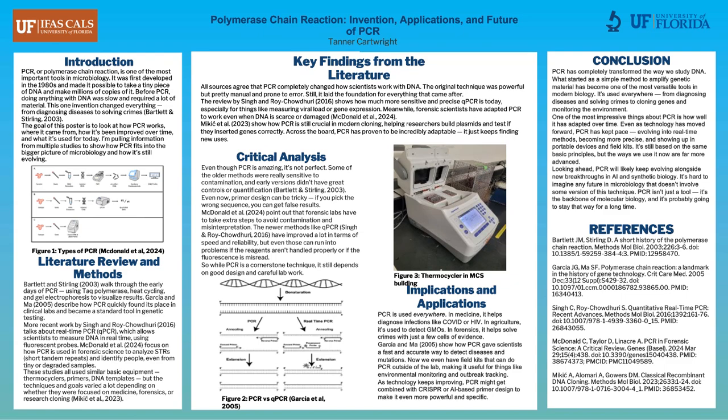Donald et al. 2024 focuses on how PCR is used in forensic science to analyze STRs, short tandem repeats, and identify people, even from tiny or degraded samples. These studies all used similar basic equipment: thermocyclers, primers, DNA templates, but the techniques and goals varied a lot depending on whether they were focused on medicine, forensics, or research cloning.